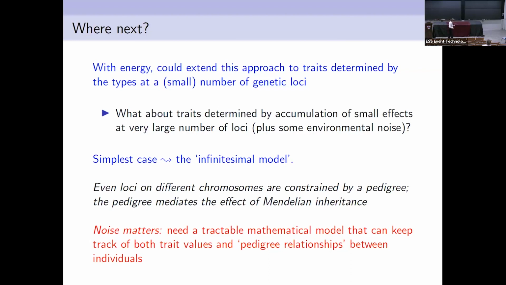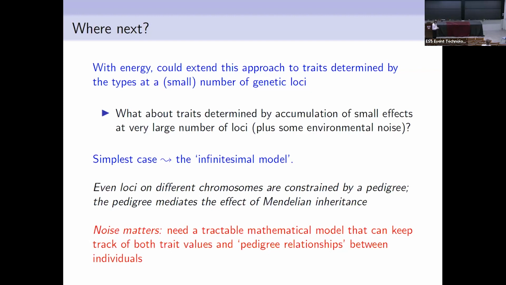So the choice of parents, the pedigree, is something which is constraining Mendelian inheritance. What we need is a mathematical model that doesn't just say, I've got this allele distribution moving forwards in time. We need a model that captures the fact that individuals in our population choose two parents, and the way that they then choose their alleles at different loci is constrained by the way those parents have been chosen. And that introduces something really very complicated into the model.